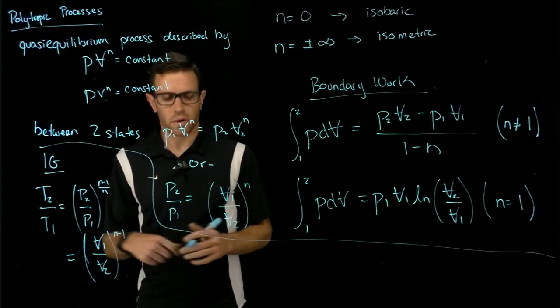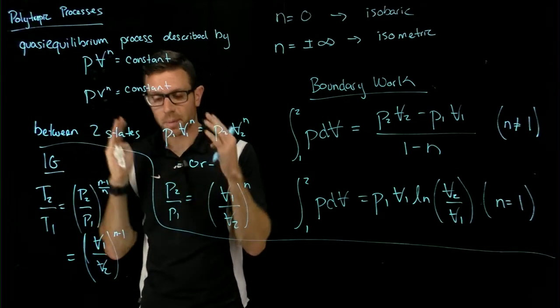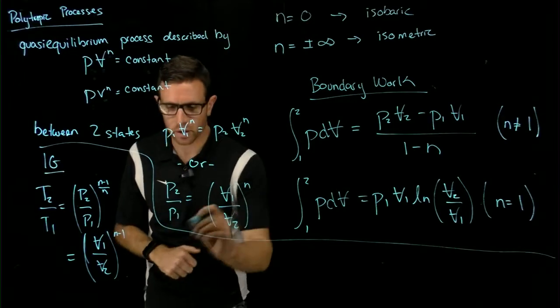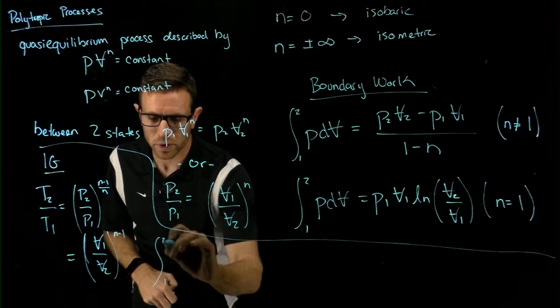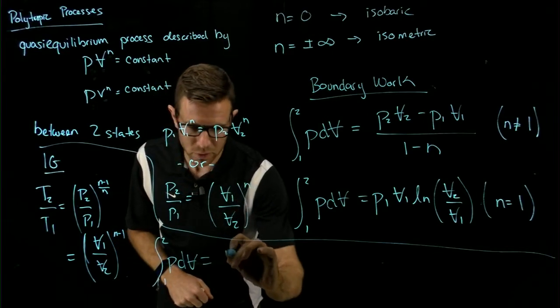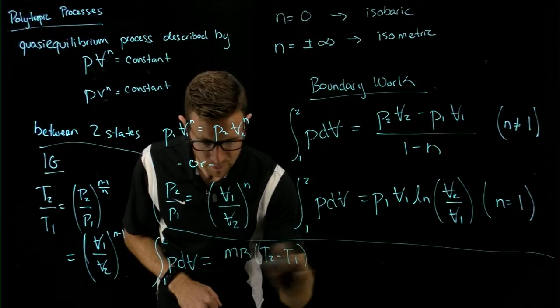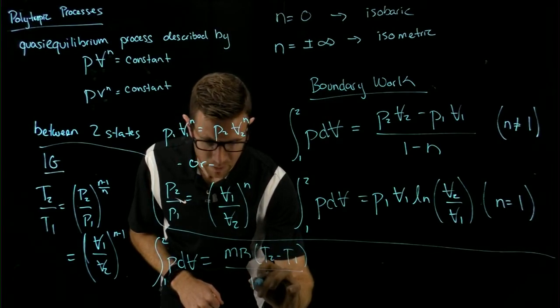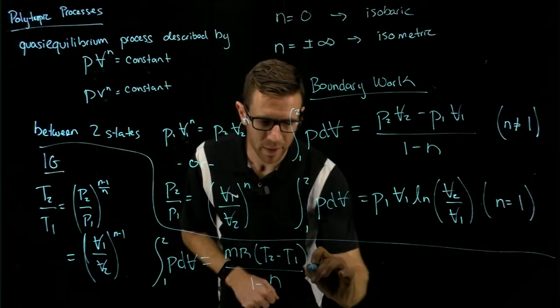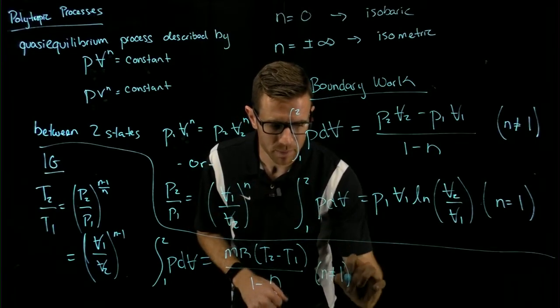All right, so for an ideal gas executing a polytropic process, the boundary work from 1 to 2 is going to be equal to mR times T2 minus T1 over 1 minus n, and that is, of course, for n not equal to 1.